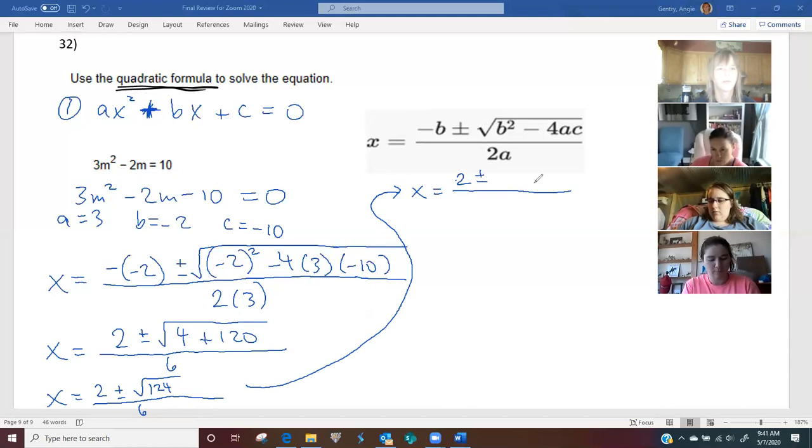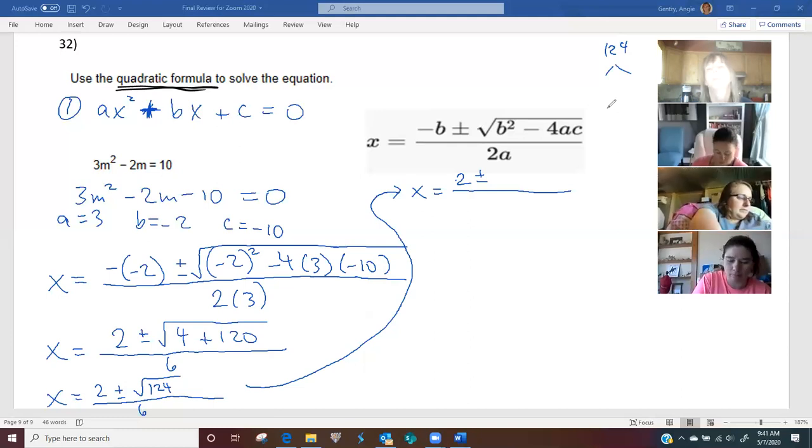Nice and slow. Now the 124, I want to split it up. I can kind of see what's going to happen. 62. Is that right? I'm actually kind of glad.